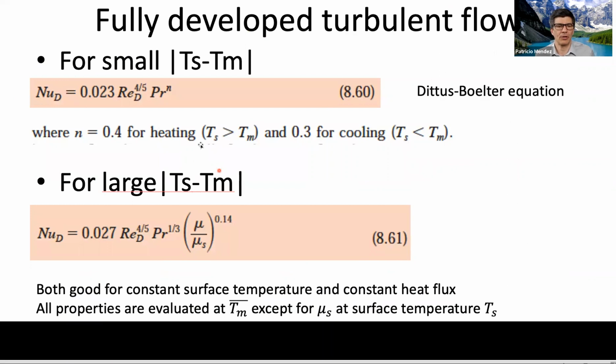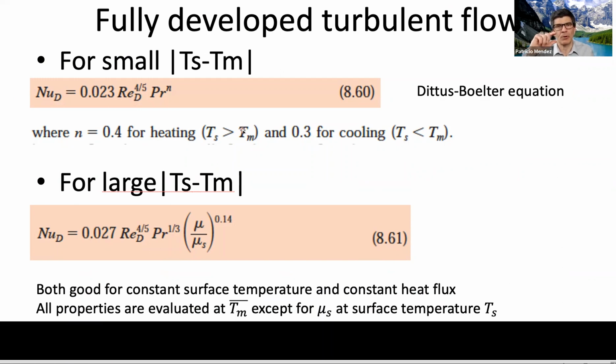If we are heating the water, we would have an n of 0.4, and if we're cooling the water, we would have an n of 0.3. This difference in the exponent of Prandtl is related to a pretty poor attempt to capture the changes in viscosity with temperature.